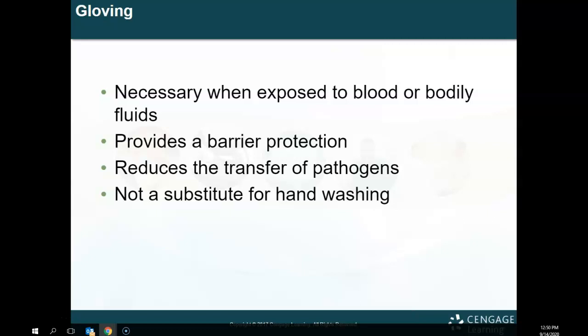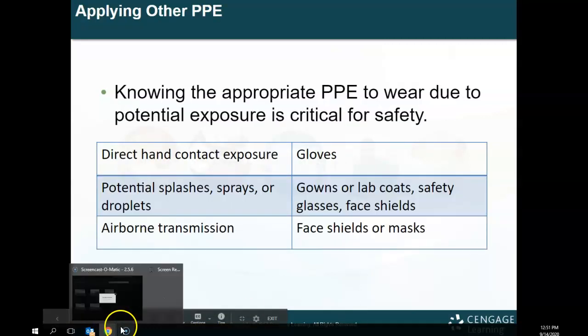Always, 100% of the time, okay? It provides a barrier of protection. I will be teaching you how to put gloves on properly and how to remove them properly. It reduces the transfer of pathogens, but it is not a substitution for washing your hands because you always wash your hands after you take off your gloves, right? Right? Okay.